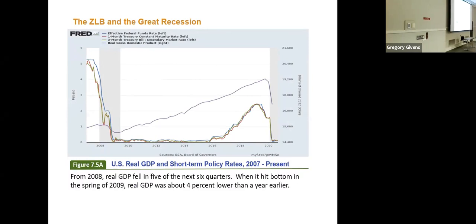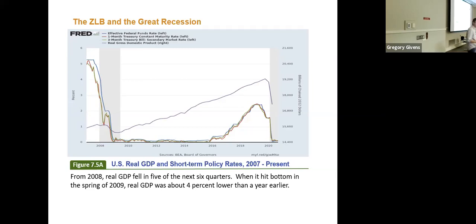And it's from 2007 to the present, okay? The 3 lines up here at the top, the blue line, the red line, and the green line, the blue line is the effective federal funds rate, and then we have the 1-month Treasury bill rate along with the 3-month Treasury bill rate. So 2 other short-term nominal interest rates that aren't controlled directly by the Fed, but are heavily influenced by the Fed's decisions about the federal funds rate, okay?